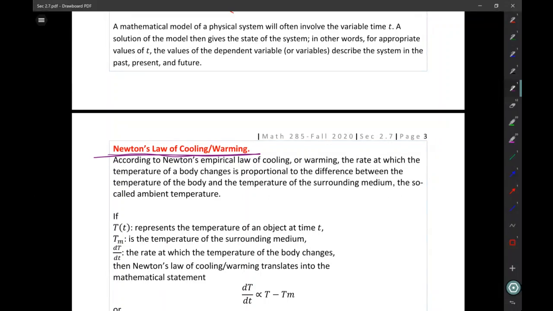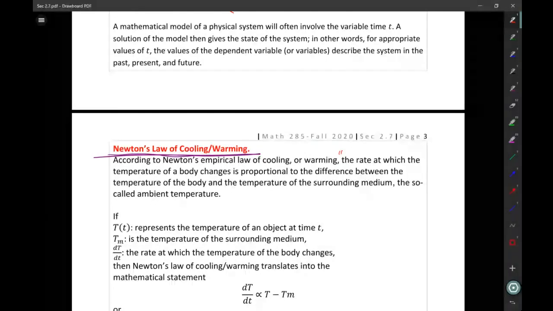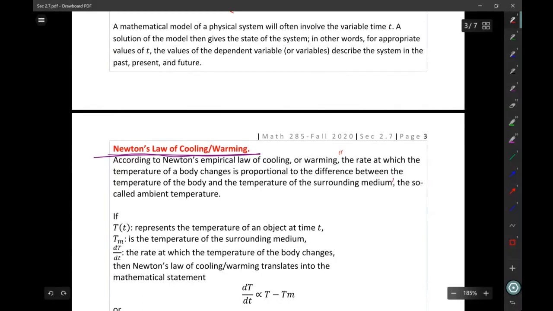According to the Newton empirical law of cooling and warming, the Newton law about cooling and warming says that the rate at which the temperature of a body changes is proportional to the difference between the temperature of the body and the temperature of the surrounding medium. And that's enough. We finished here the Newton law.